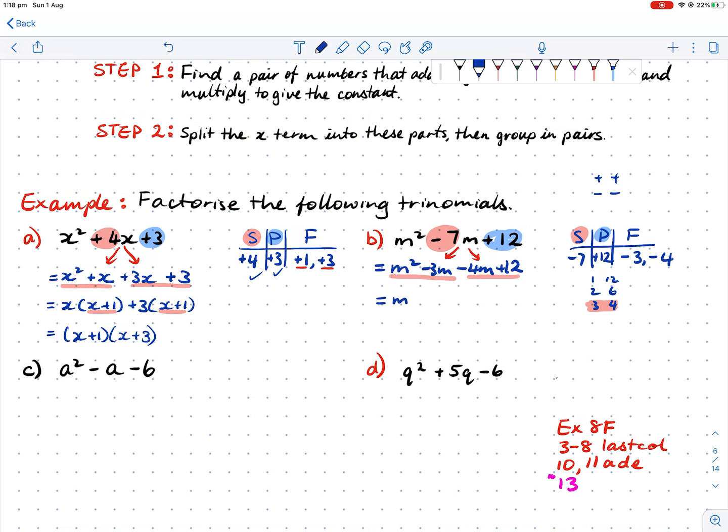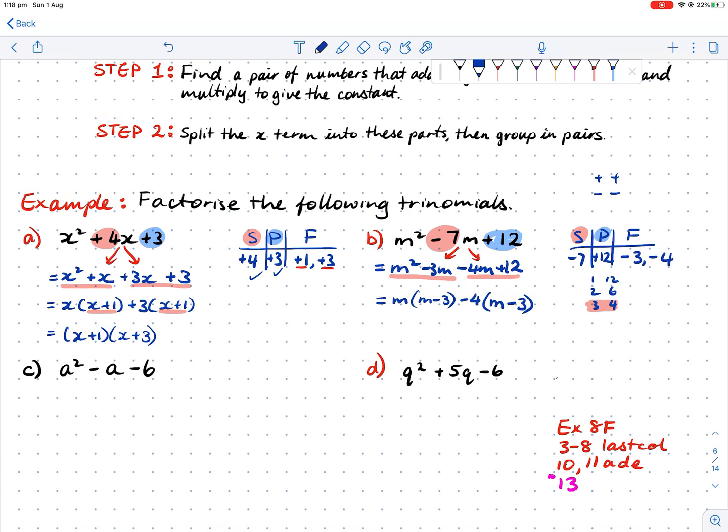So the first two terms, m is common, so we've got m minus 3 left. When you look at the second pair, because we're aiming to have m as positive, but right now it's negative, we're actually going to take out minus 4 as a common factor. So when we take out the negative 4, both of the signs are going to change over, so then we'll get m minus 3.